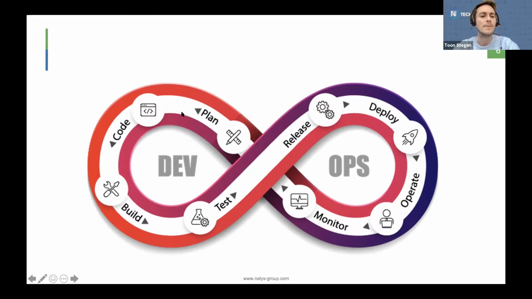First, you have a planning phase and a coding phase, building phase and testing. And then you go on to the operations part of the software development lifecycle. And the idea is to cycle through this loop in rapid iterations, so you get feedback as soon as possible and as fast as possible.